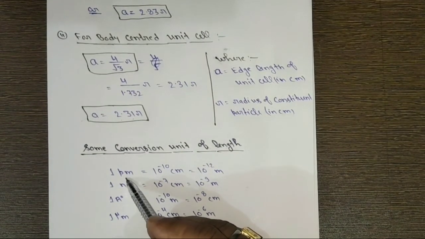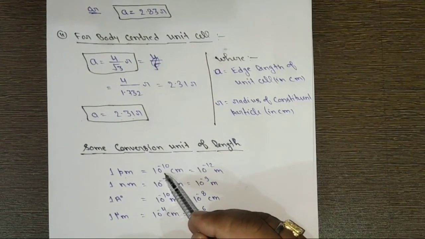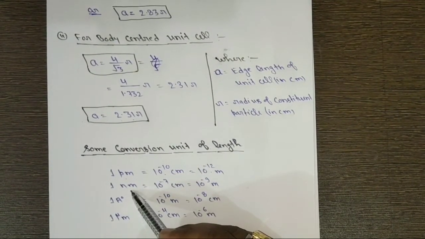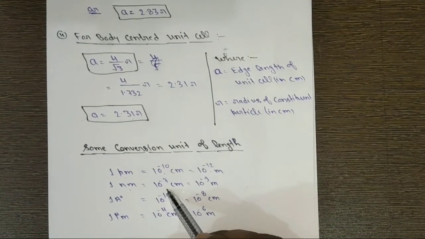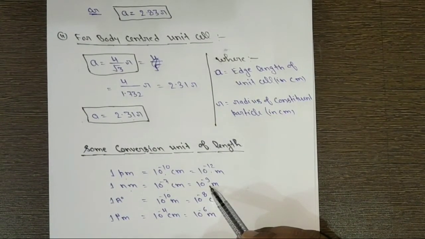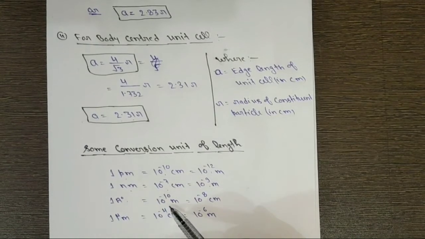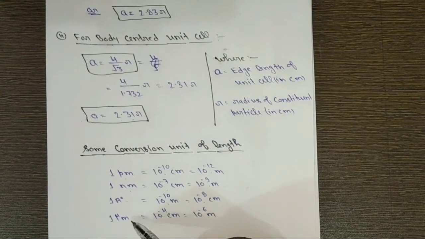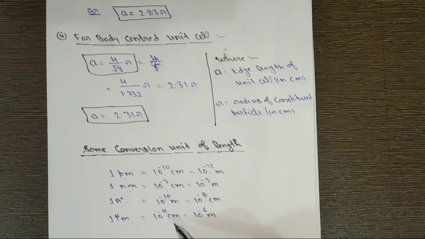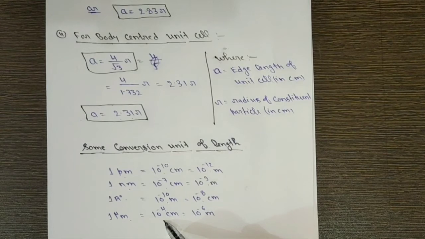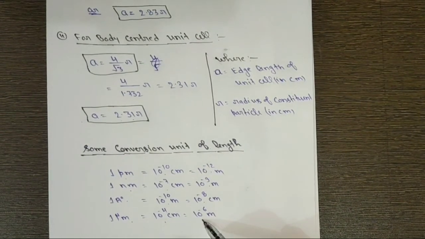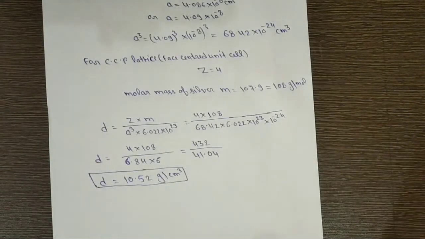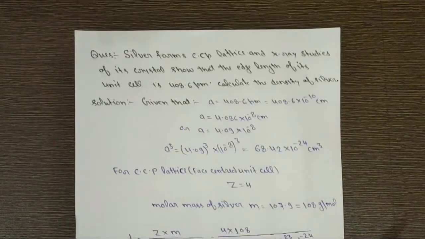So we have 1 picometer equal to 10 to the power minus 10 centimeter or 10 to the power minus 12 meter. 1 nanometer equals 10 to the power minus 7 centimeter or 10 to the power minus 9 meter. 1 angstrom equals 10 to the power minus 10 meter or 10 to the power minus 8 centimeter. 1 micrometer equals 1 micron equals 10 to the power minus 4 centimeter or 10 to the power minus 6 meter.